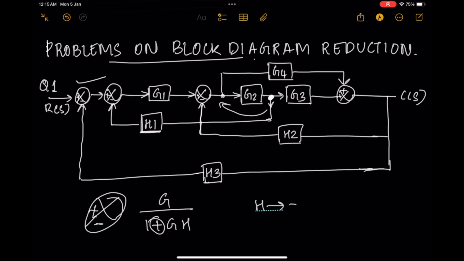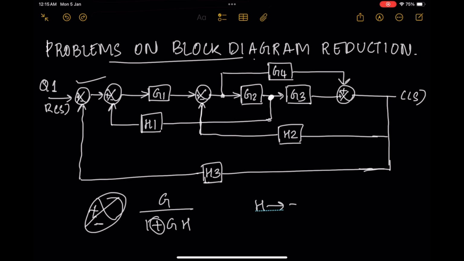Then only I'll get the same signal as I get here. So I'm going to draw it in the next diagram, taking this point to here, and that will give me a simpler circuit. Then we can solve the parallel paths and the series paths as well.